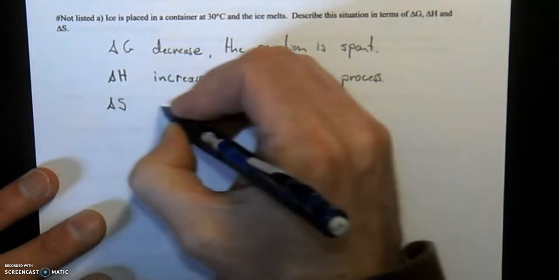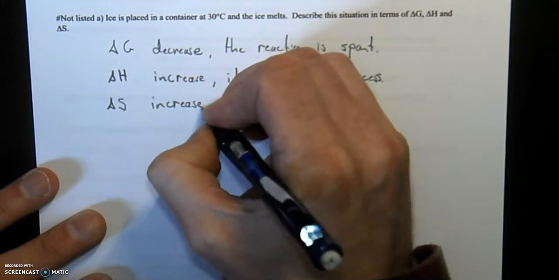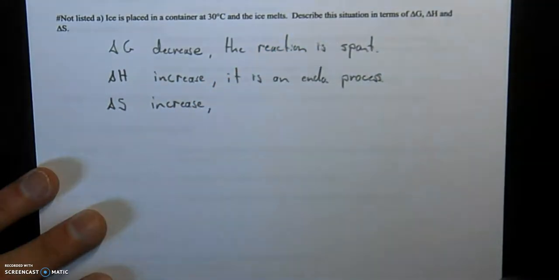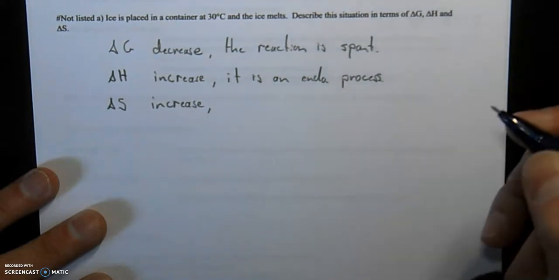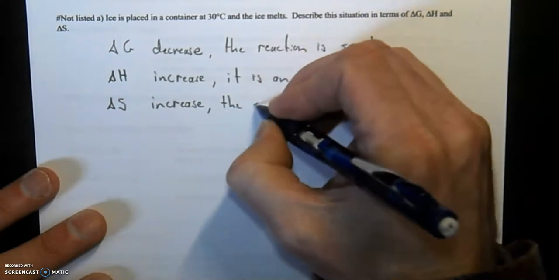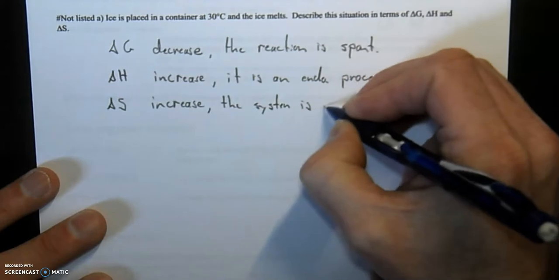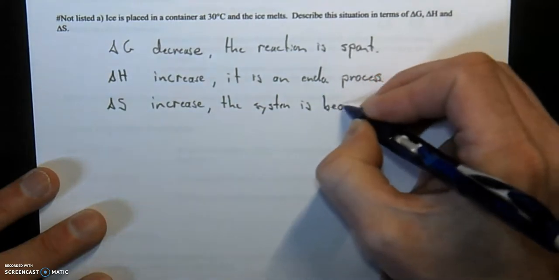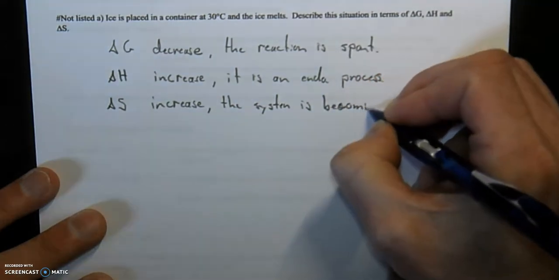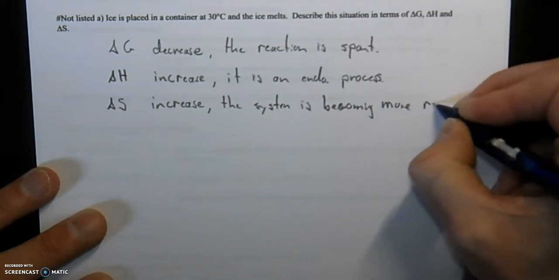Delta S, I would say, increases because you're melting ice. It's taking in more energy. It's becoming more random. So the system is becoming, that's a C, random.